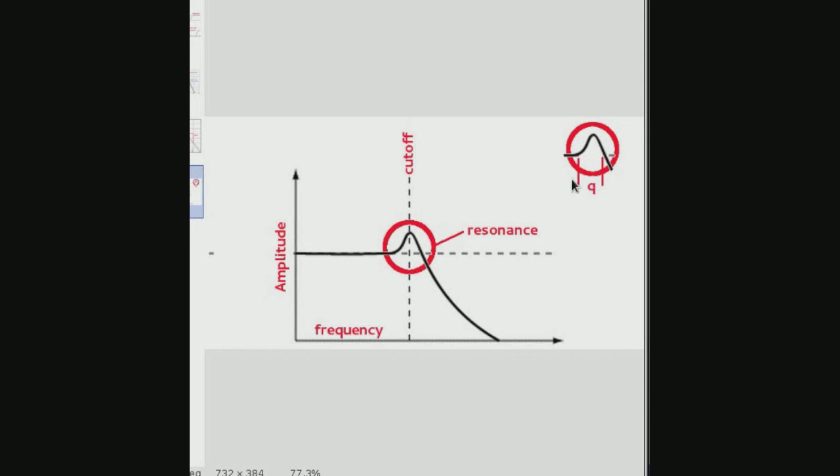If this is a Q of 1, then maybe from here to here is a Q of 2, and a lot of parametric equalizers, things that deal with resonance and those kind of things, as we've seen in the synths, will talk about the Q, and that is actually how wide this is.